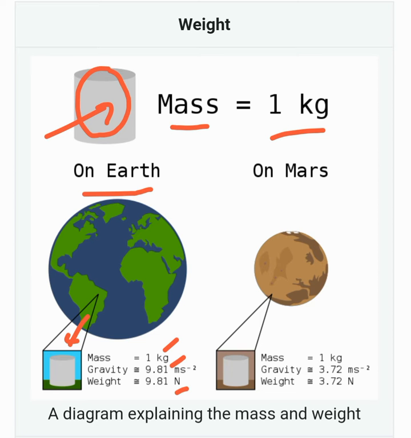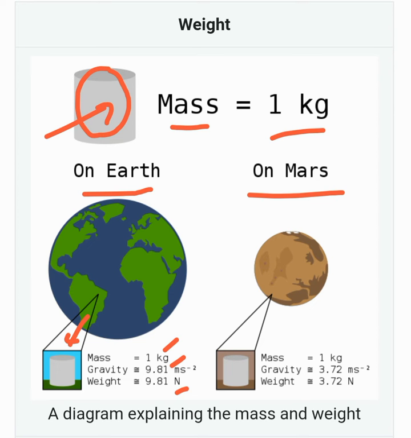In SI base units, you can say the weight of this object is 9.81 kg meter per second square, or simply say 9.81 Newton.